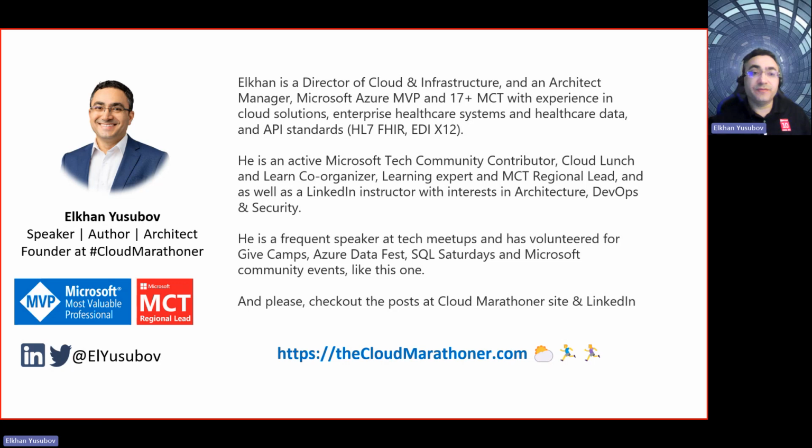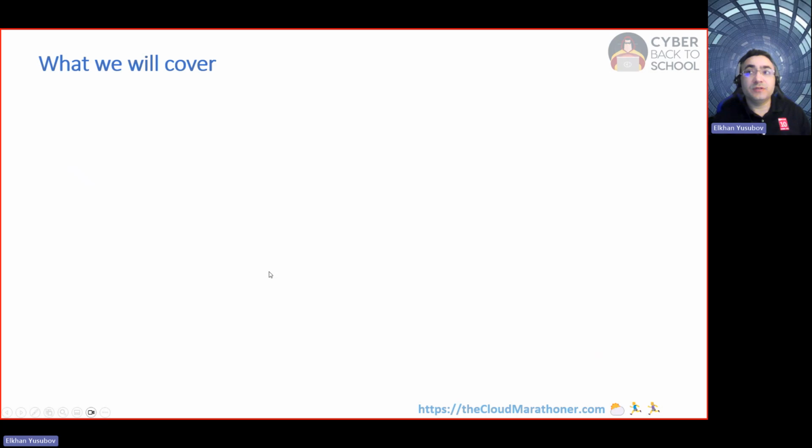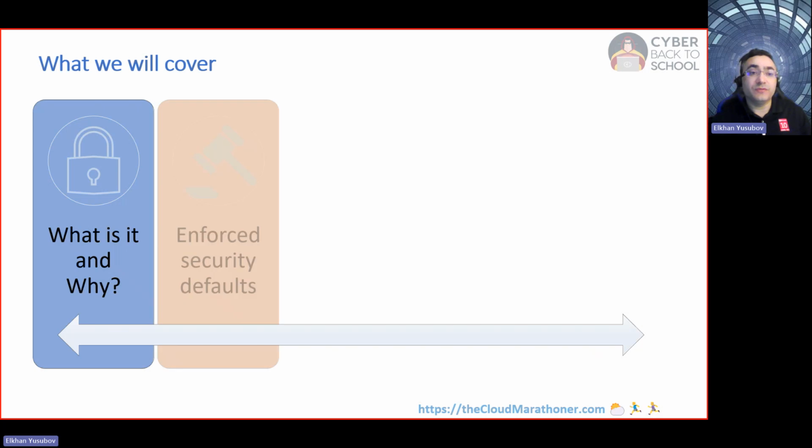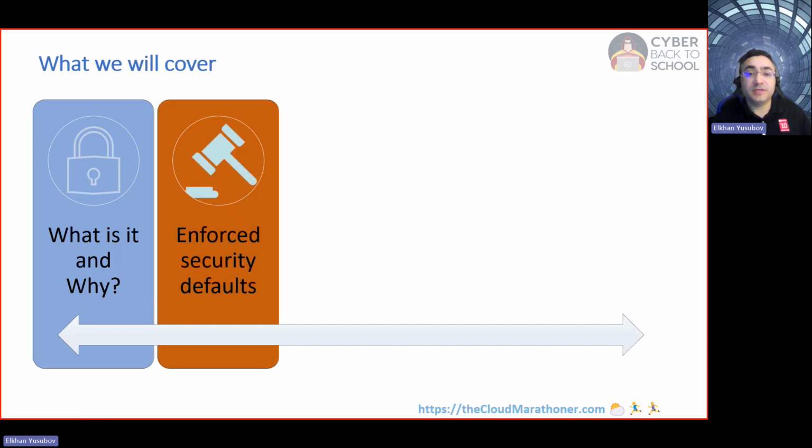Okay, enough about myself. Let's move to the next slide and look at what we will cover in this session. First, we will start with what the Microsoft Entra defaults are and why you need them. After that, we will focus on the enforced security defaults within that setup that you get out of the box.